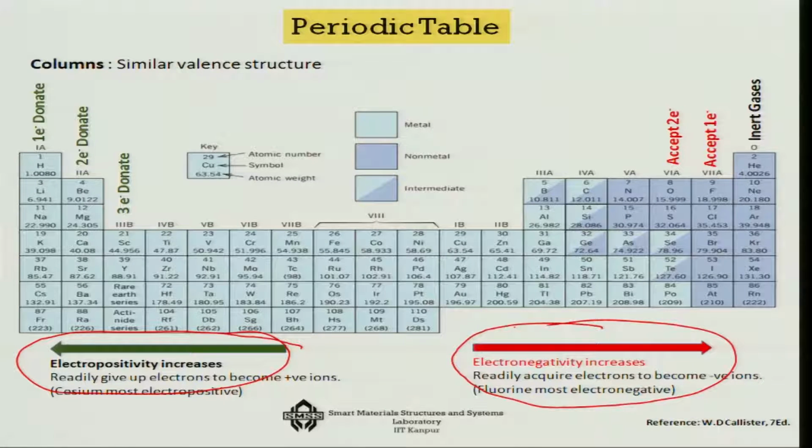The periodic table can very clearly tell you about it. For example, if we look at the leftmost corner of the periodic table, this is the region where all these atoms can give one electron. Giving one electron is very easy for them. So, that means they are at the top in terms of electropositivity. They can any time very easily lose that electron and become electropositive.